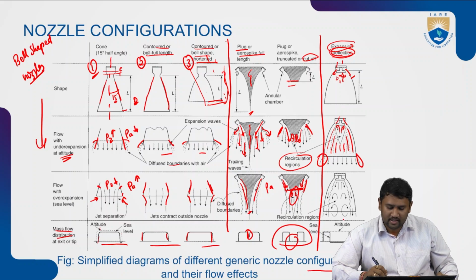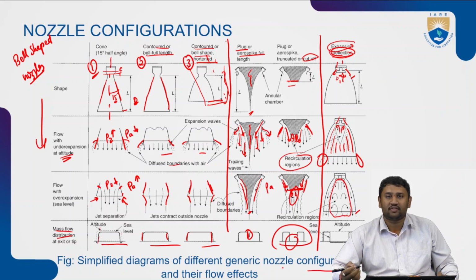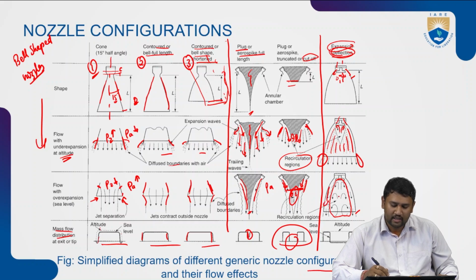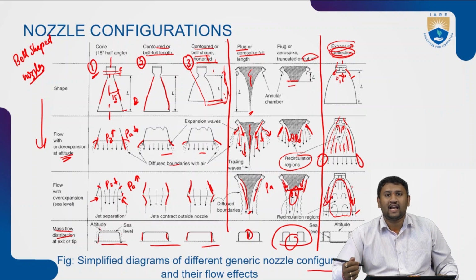Now, if you are creating the same thing for a sea level operation, what happens? There will be a large area for the recirculatory zone, where there is no rocket thrust being generated that is added to the rocket velocity. Only the gases that are passed through or aligned to the wall get included.